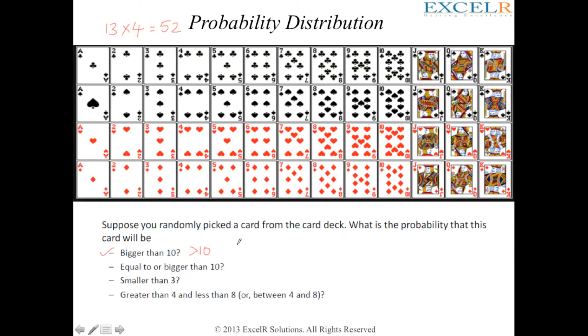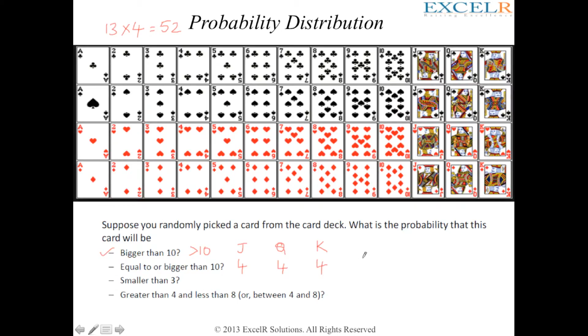One is J, one is Q, and one is K. How many variants of J do you have? 1, 2, 3, and 4. So we have four variants of J. How many variants of Q do we have? 1, 2, 3, and 4. How many variants of K do we have? 1, 2, 3, and 4.